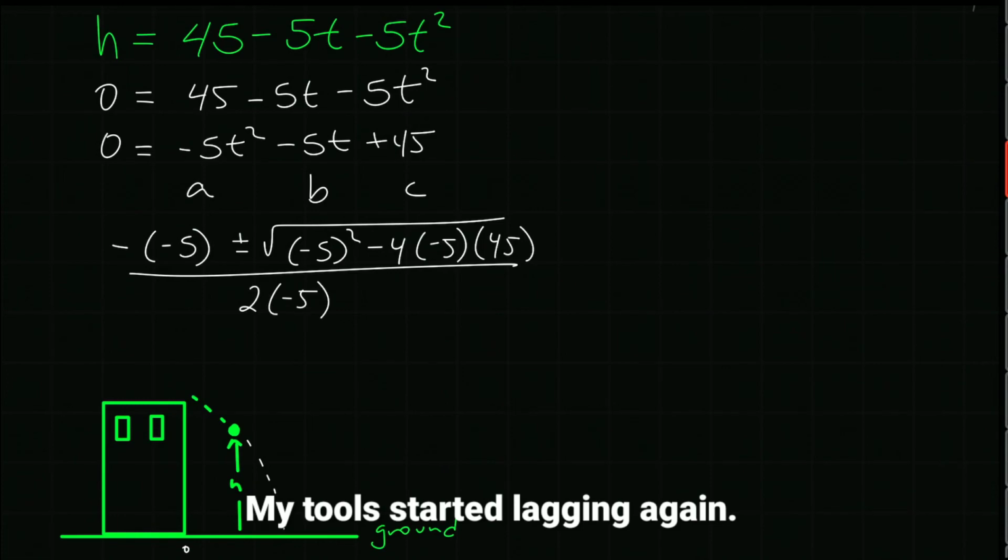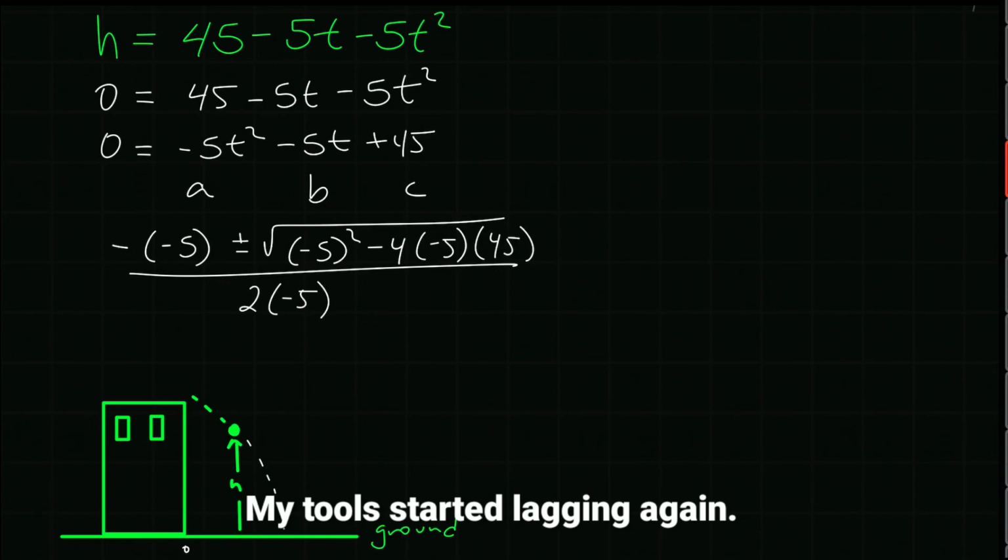When I plug that in, I have 25 plus 900 after I multiply 4 times 5 times 45. Because I am subtracting a negative, that becomes a positive. That's going to become 5 plus or minus the square root of 925, all divided by negative 10.